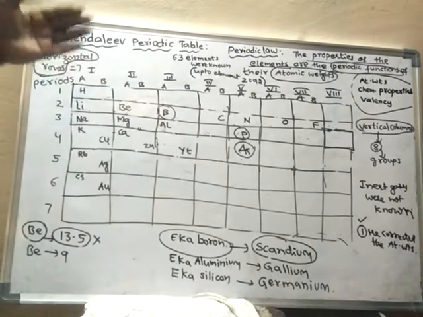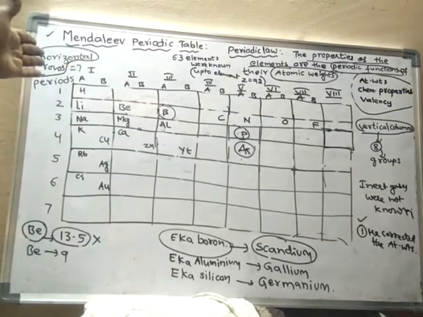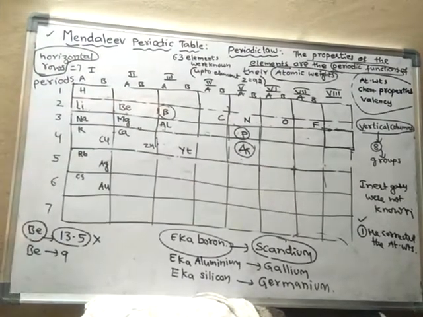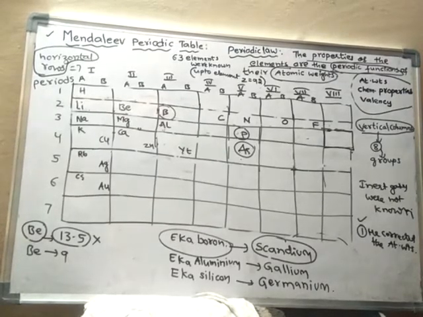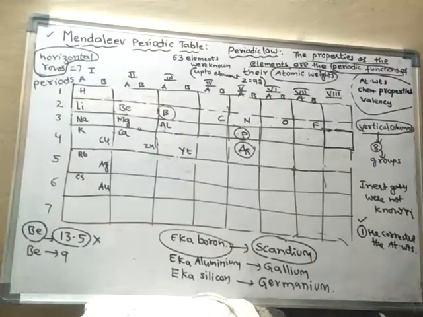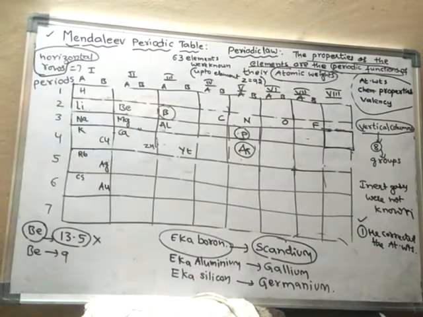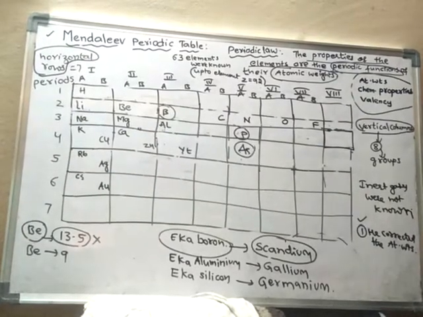Before Mendeleev, Newland also tried to arrange the elements in the form of a table, but he didn't leave any gaps. That's why Newland's classification was not accepted by the scientists. But Mendeleev left gaps for the unknown elements. That is the greatness of Mendeleev.